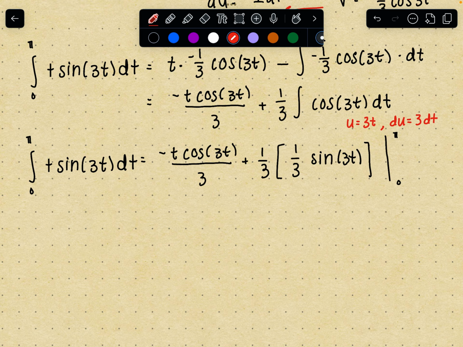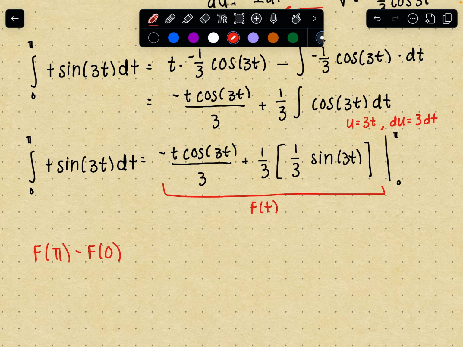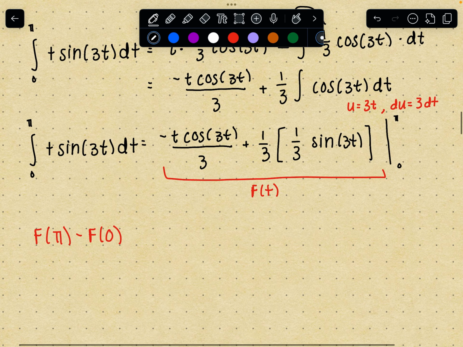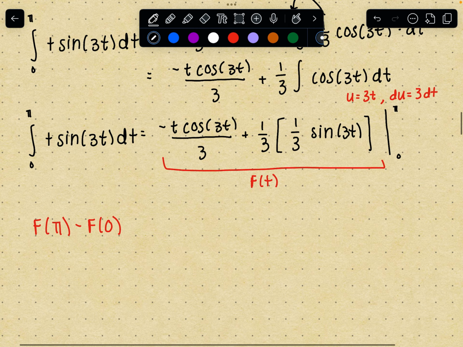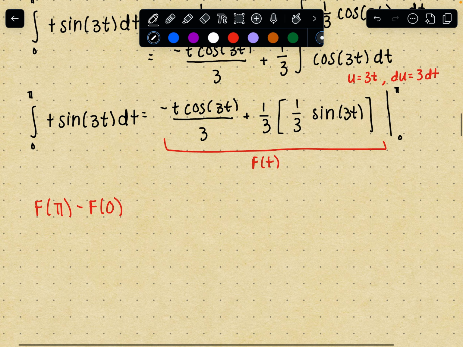This is what we call the antiderivative. We're going to call it capital F of t. So we're going to do capital F of pi minus capital F of 0. I'll set it up for you and I'll just give you the answer because I don't feel like doing all of the plug and chug.